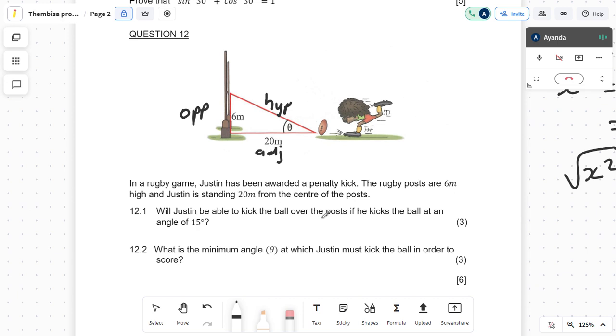Will Justin be able to kick over the post if he kicks at an angle of 15 degrees?